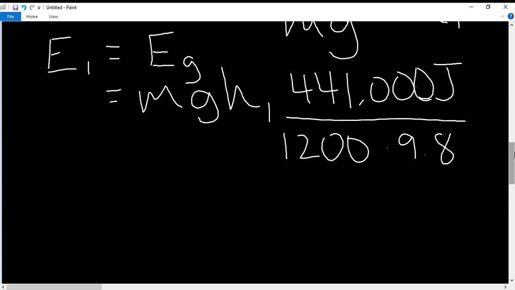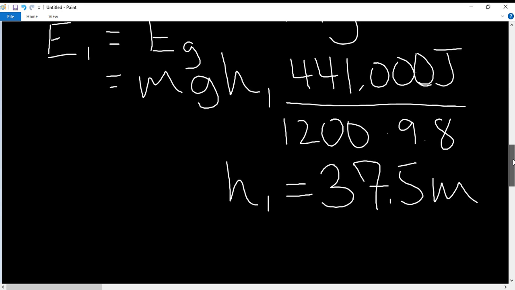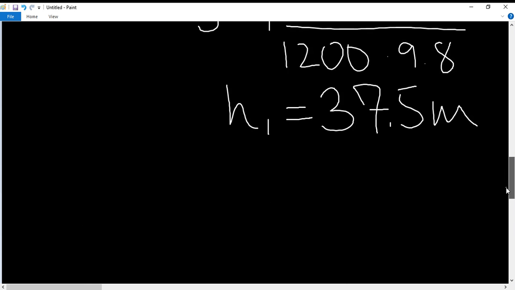And that should give us our height at the top of the hill. If you plug all these numbers in, you should get that the height at the top of the hill is 37.5 meters. So this is how high the hill needs to be in order for it to descend, make it all the way through that 15 meter radius loop, and go on. All right, and there's our answer.